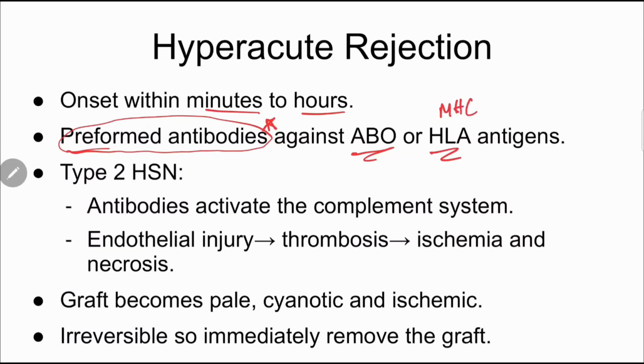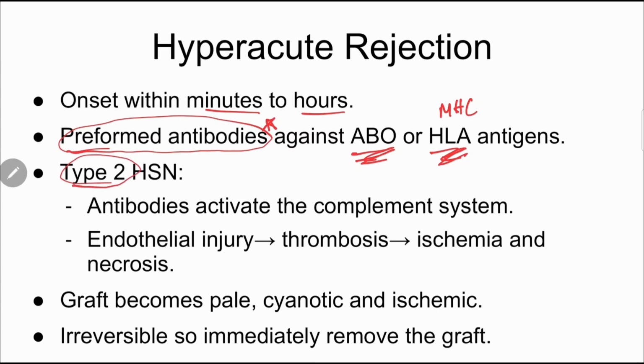Your body cannot recognize these antigens, so there are already antibodies traveling around in your circulation, and they will start attacking the graft. Why? Because it cannot recognize the ABO blood group, or the specific type of HLA antigens, because they don't match.